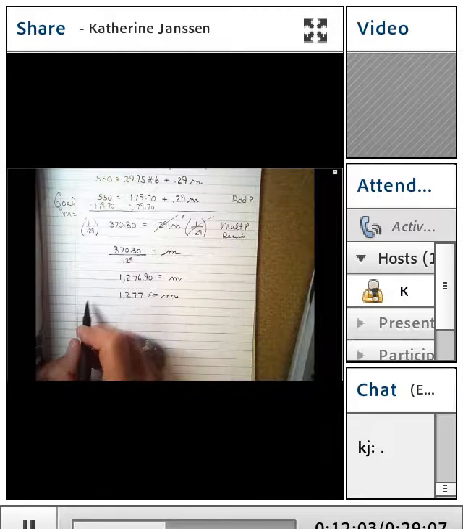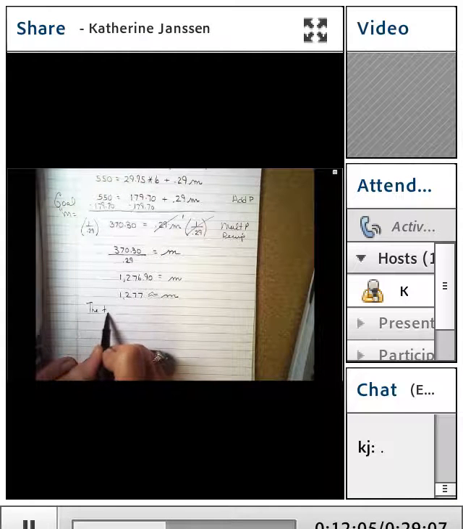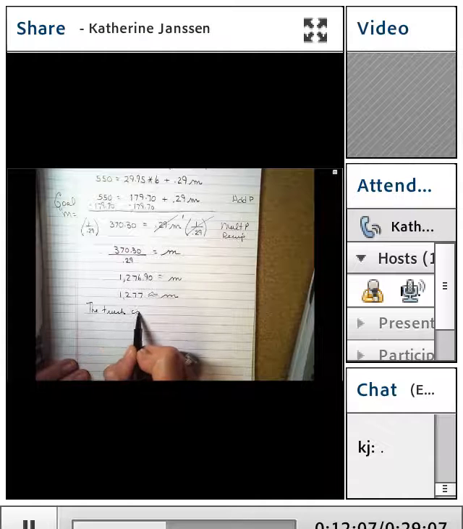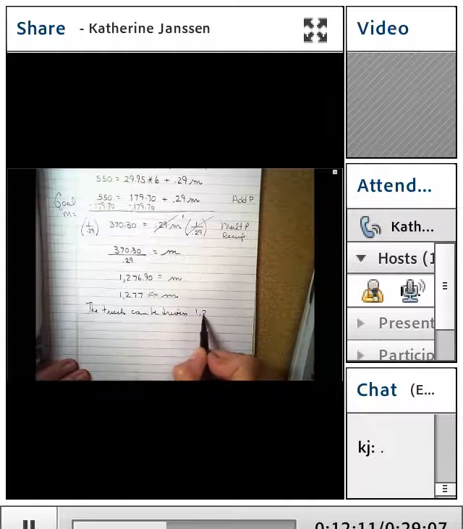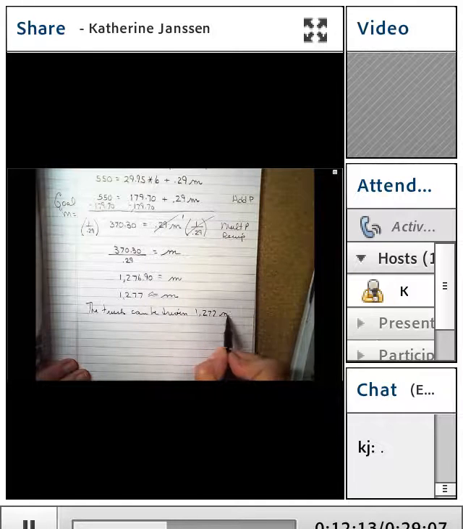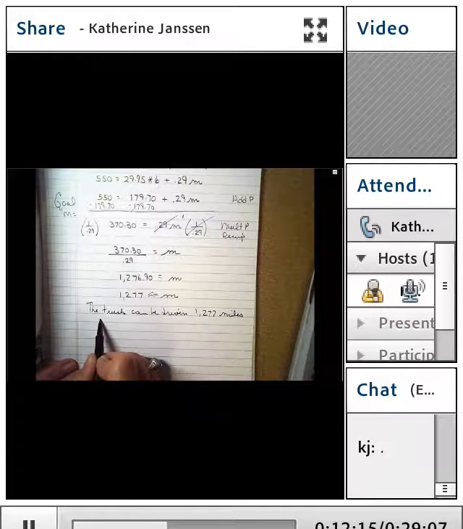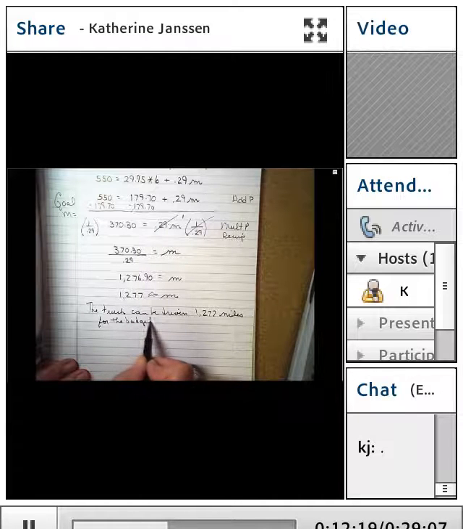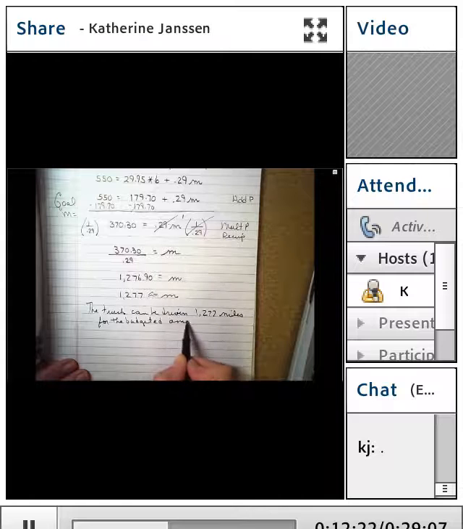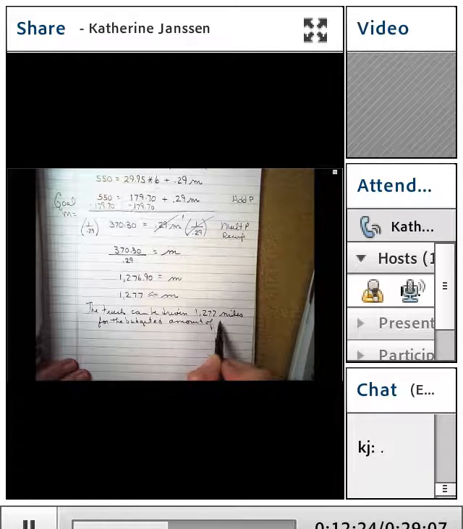So the truck can be driven 1,277 miles for the budgeted amount of $550.